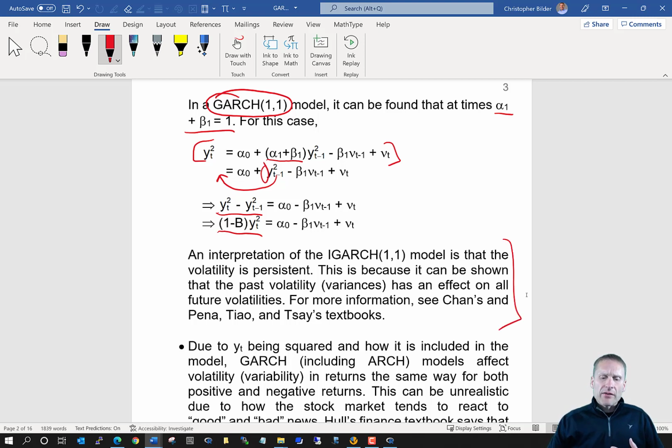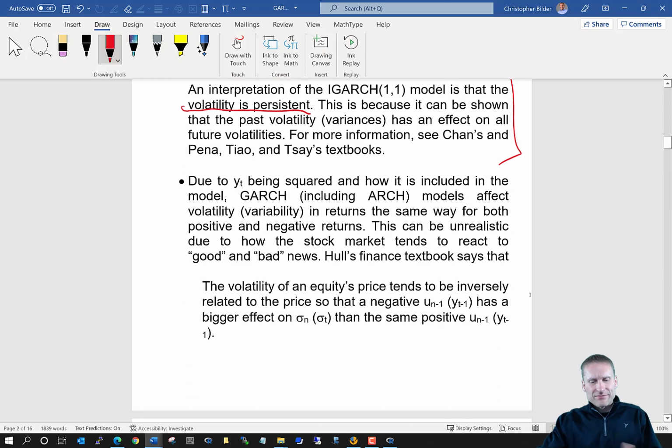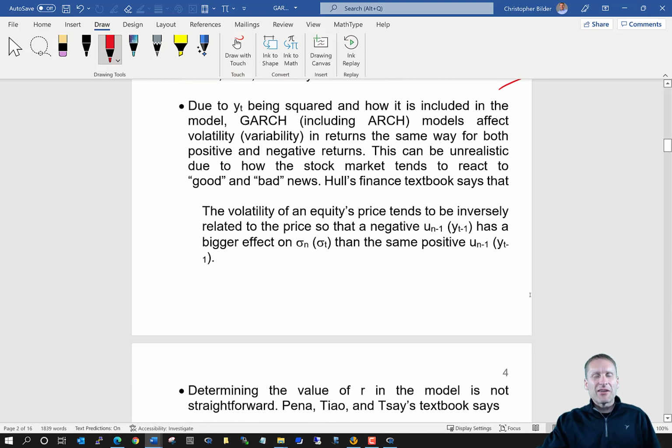These models are showing that the volatility is persistent, because it can be shown that the past volatility, these variances, has an effect on all the future ones. I don't know how realistic that really is, to be honest, but some people have found this to be useful. I guess I just need a good example to see where that truly is needed.